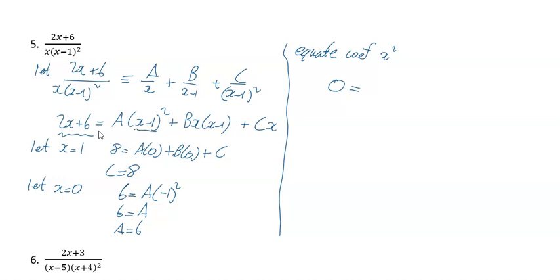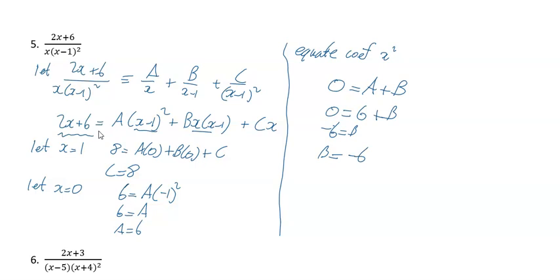When you square that out, you're going to get an x squared term times a, so that's 1 x squared term. And then x times x is going to give you x squared, so that's times b. So you've got a plus b is equal to 0. So you know your a is 6, so that means minus 6 is equal to b, or b is equal to minus 6. Okay, so we've got that.